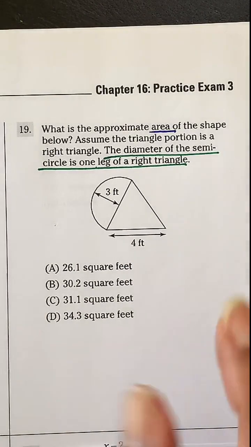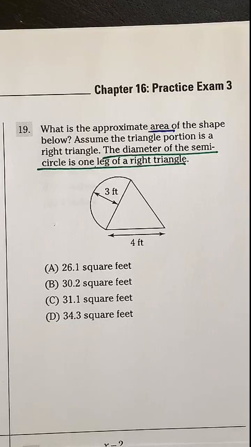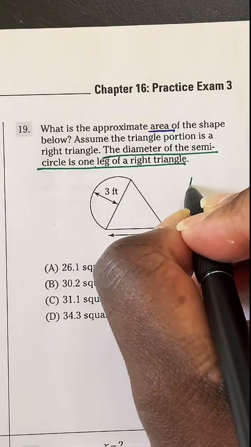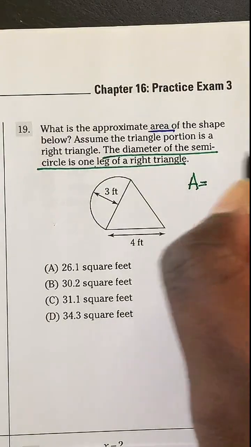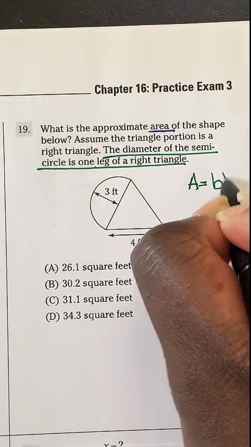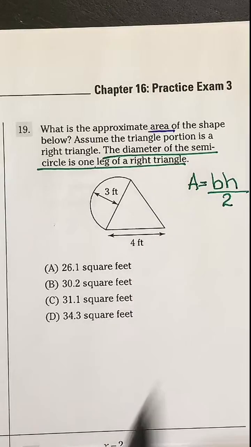Don't forget about that. We're getting so hung up on it being a right triangle that we're forgetting we're looking for area. The area of a triangle is base times height divided by 2.